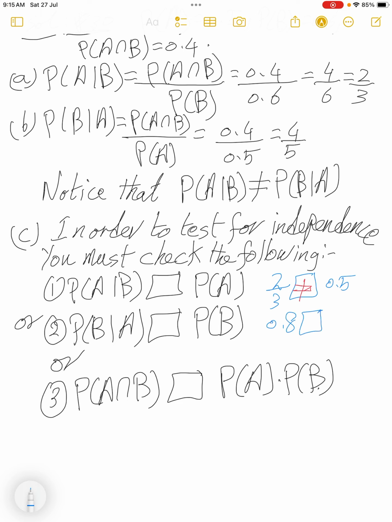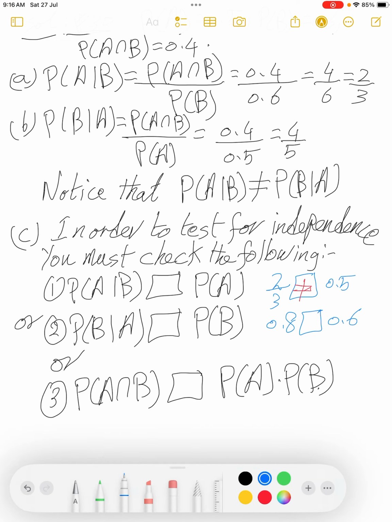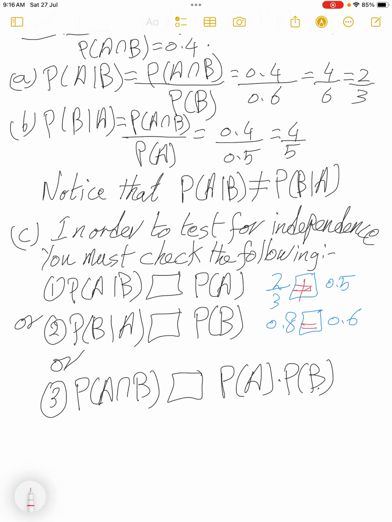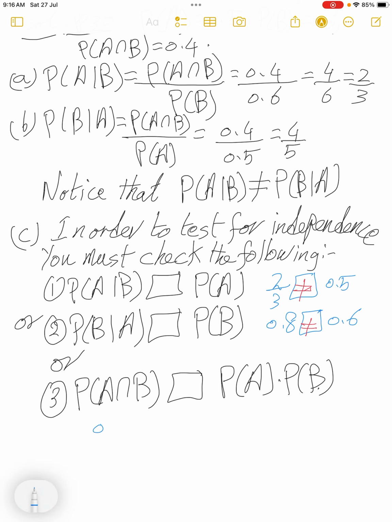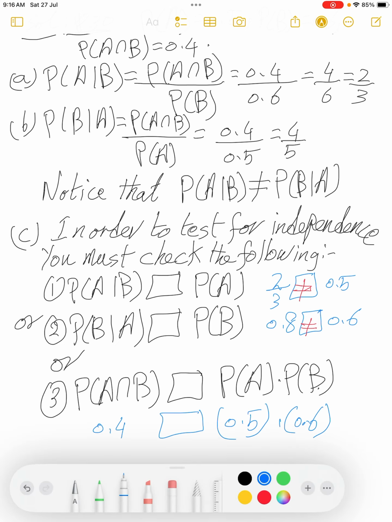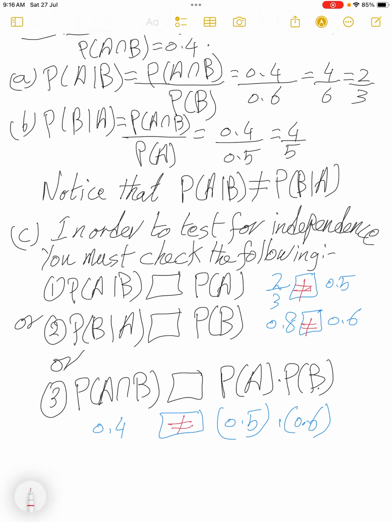What is the relation with the probability of B? 0.6. It is not equal. Here, probability of A intersection B, 0.4. What is the relation with probability of A times probability of B? How much? 0.5 multiplied by 0.6, which is 0.3. Also, it is not equal.